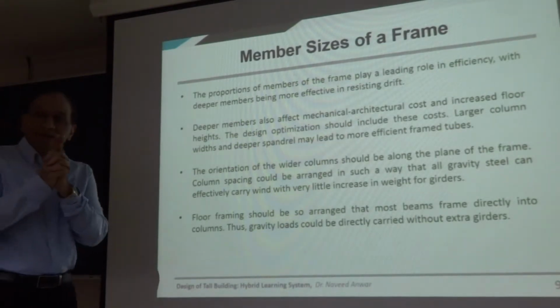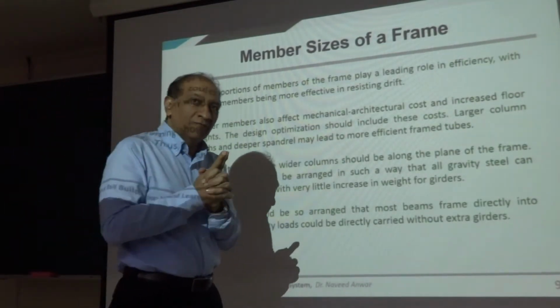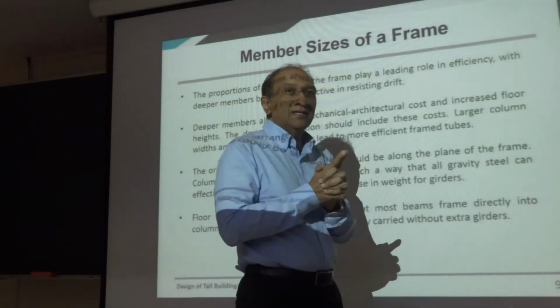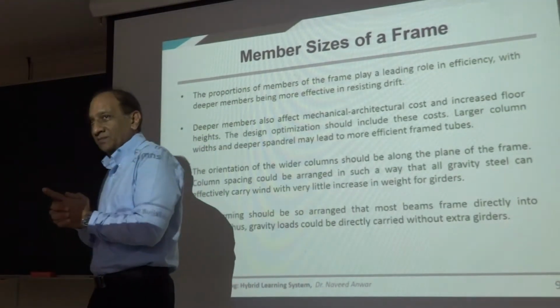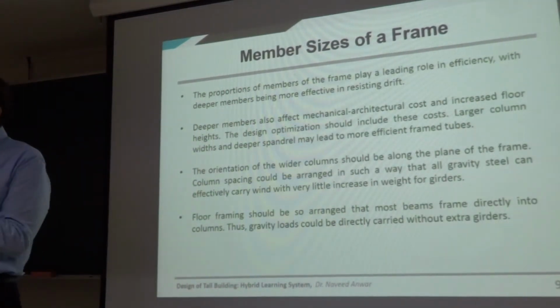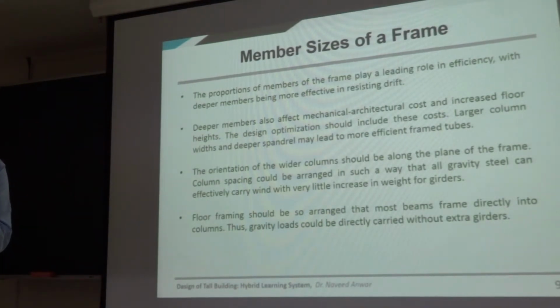That means you are eating up 2 floors of the building by increasing the height of the girder by 10 centimeters. And each floor they can earn 100,000 baht per square meter.